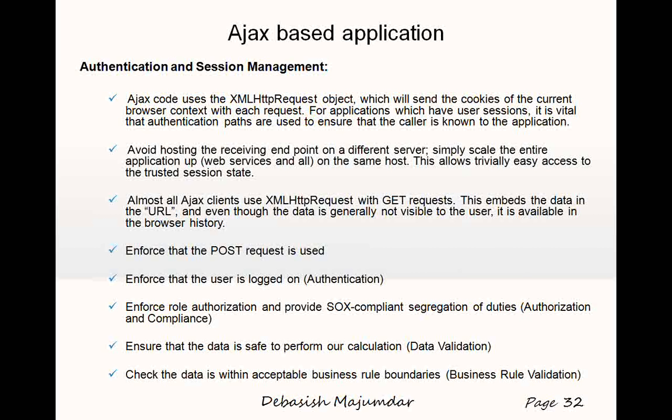There should be enforcement that POST is used rather than GET. The user should also be properly authenticated, and role authorization and SOX compliance, segregation of duties, also need to be followed. So we need to check whether the data is acceptable within the business rule boundaries. Business rule validation is required, and data validation is required.